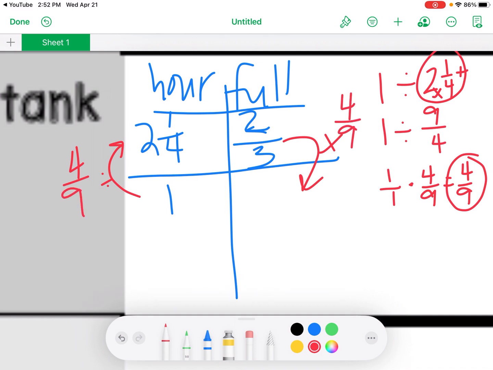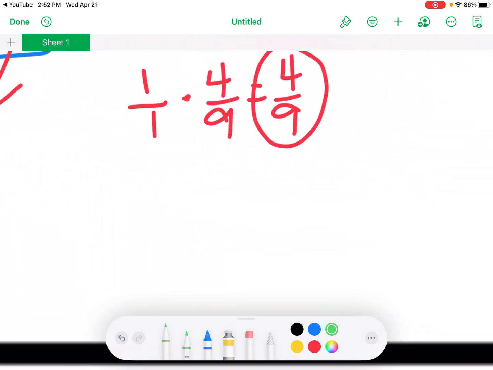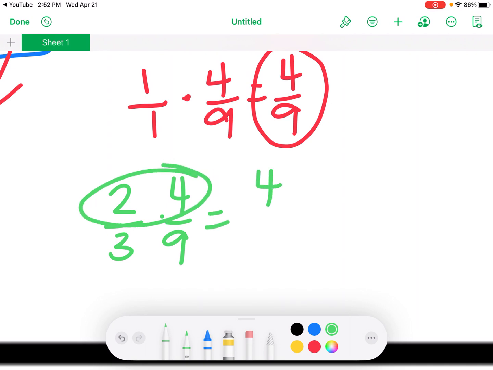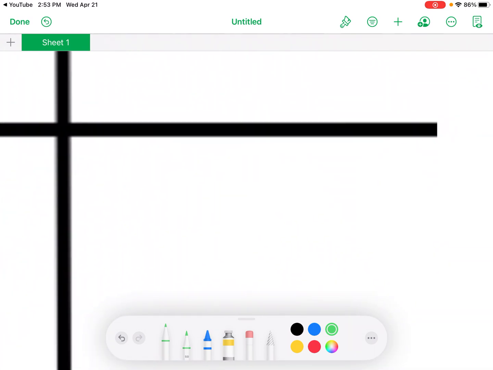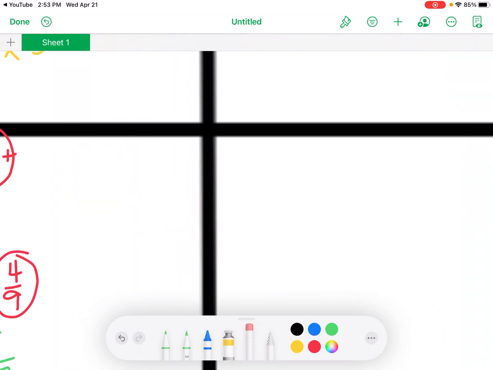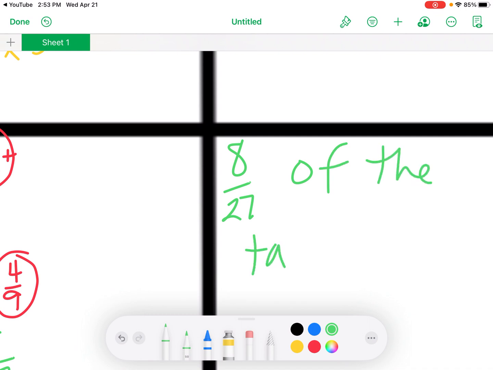So now I'm doing 2/3 times 4/9. So 2 times 4 is 8, and 3 times 9 is 27. So 8/27 of the tank fills each hour.